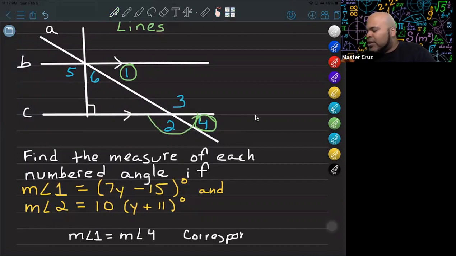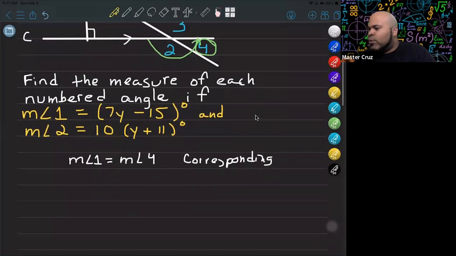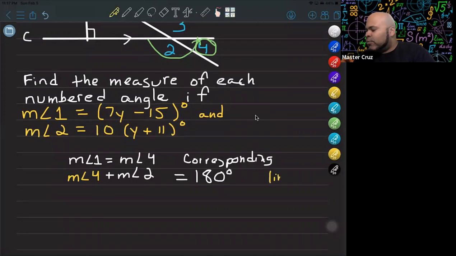Because of that, I can say that the measurement of angle 4 plus the measurement of angle 2 equals 180 degrees, simply because they form a linear pair, or they are supplementary angles.